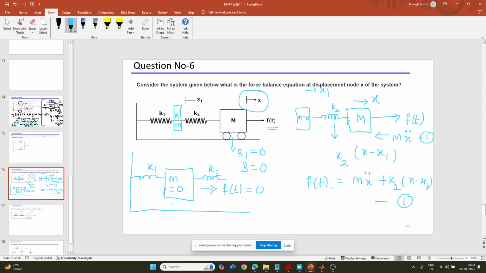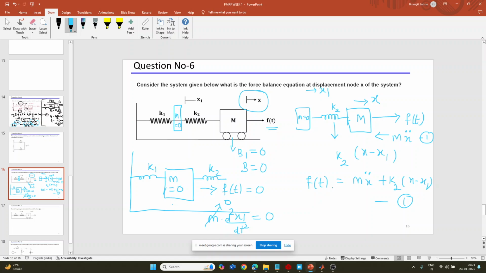Because of this x1, there is a force, but as we are assuming that the mass is virtual, m into d square x1 by dt square is equal to 0 because m is 0. That's why this force is also 0. So what force is existing? Only the spring force exists.